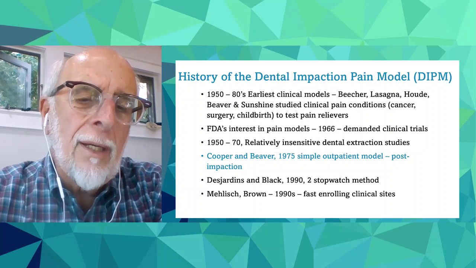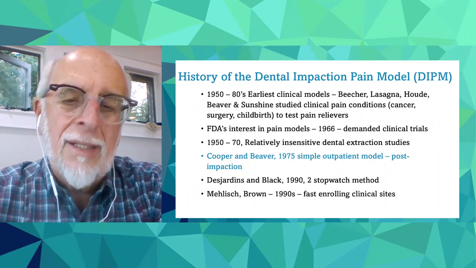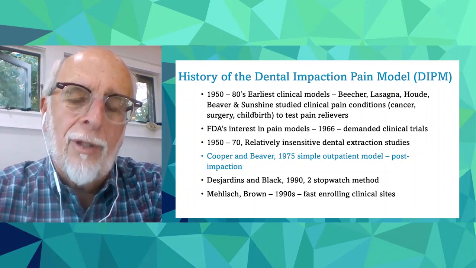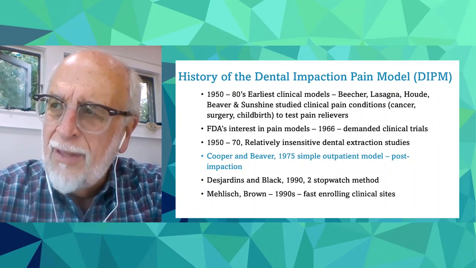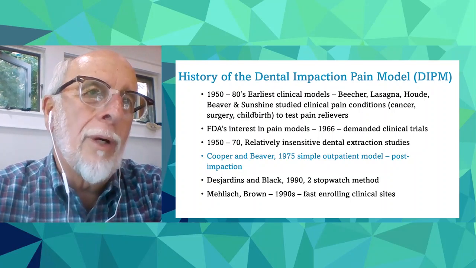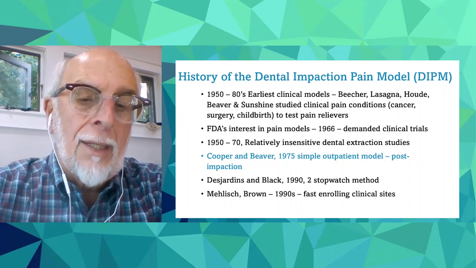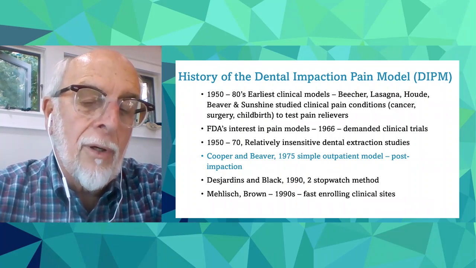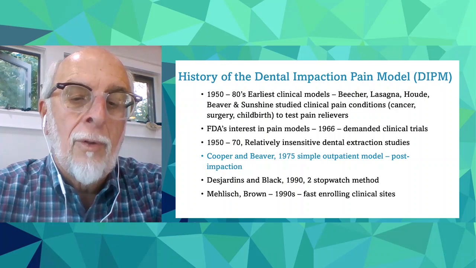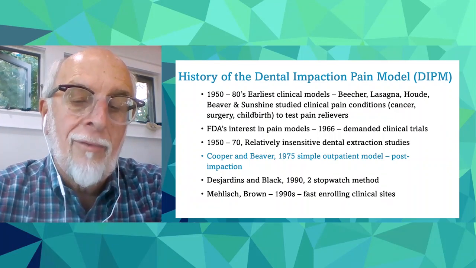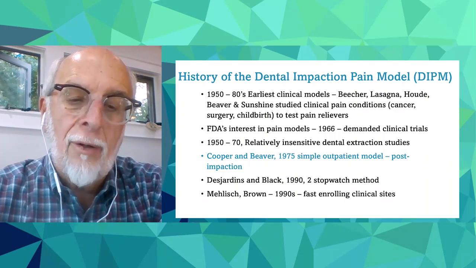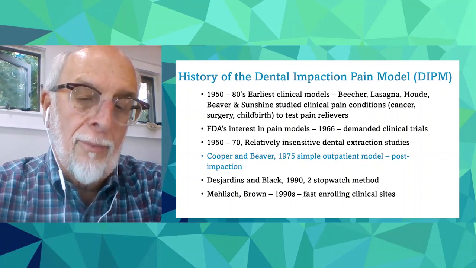So through the 1950s to the 1970s, there were a number of dental extraction studies, but these were extractions of teeth that were erupted into the mouth, and they generally were not very sensitive. In 1975, Stephen Cooper and Bill Beaver published a paper on a very simple outpatient study model called the post-impaction model.